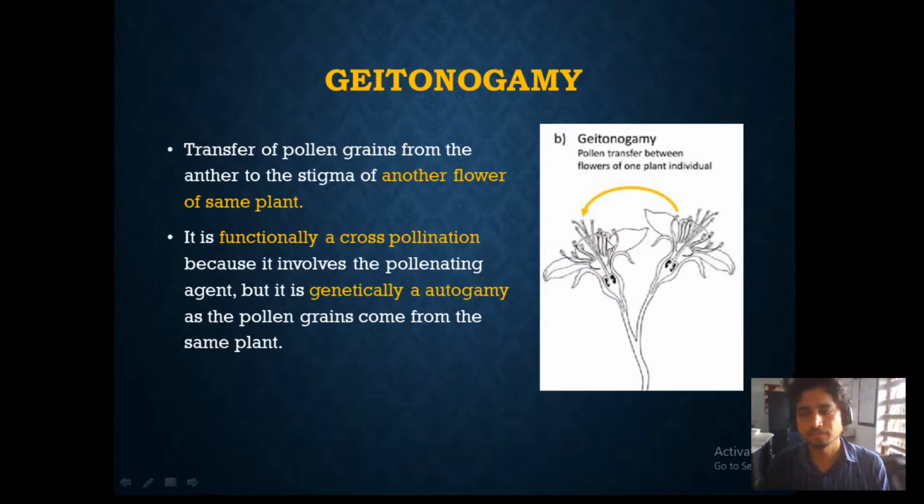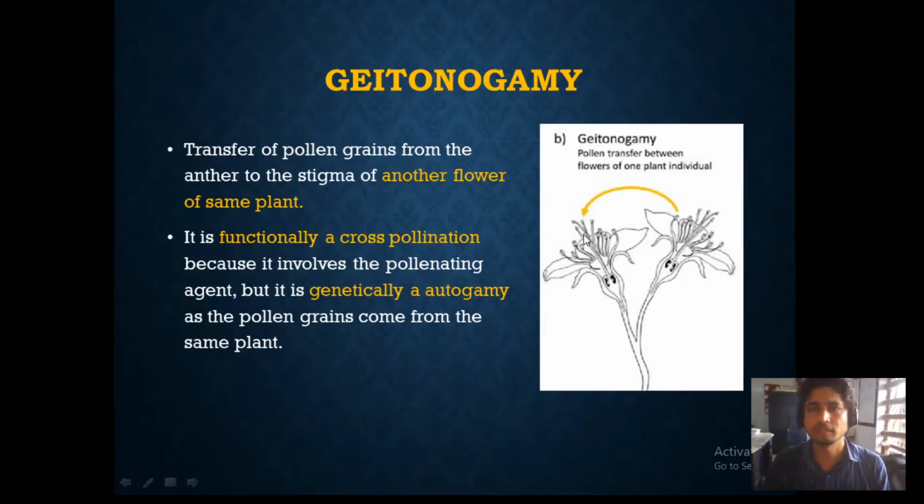Genetically means that since it is coming from the same plant, the gametes which carry the genetics, the nuclear material, are of the same type. So genetically it is a self-pollination, but functionally it is a cross-pollination, because it involves a pollinating agent. A pollinating agent is required.